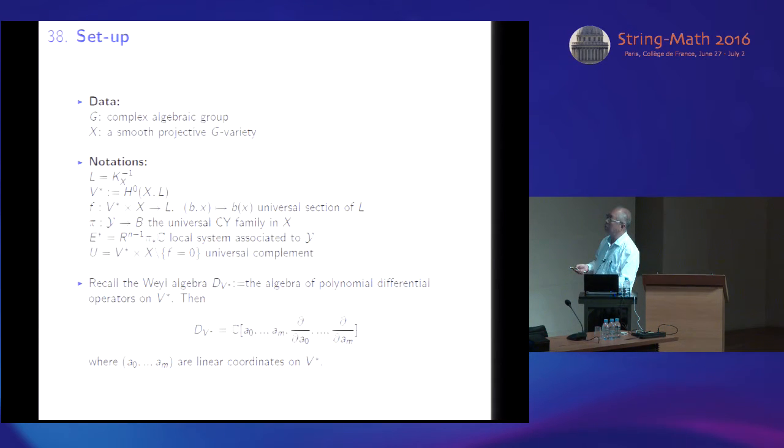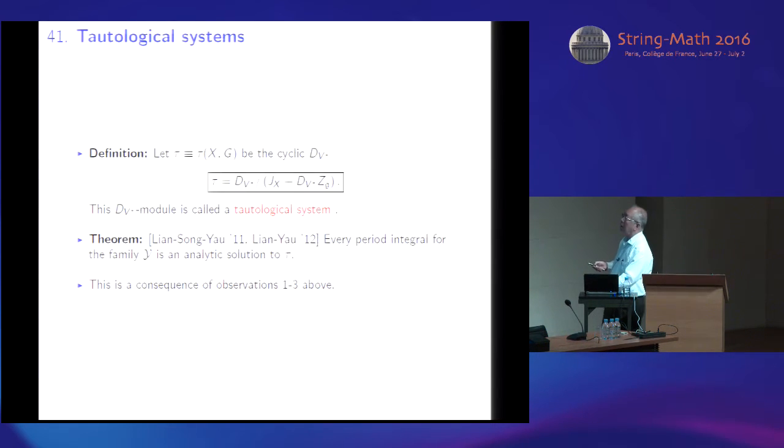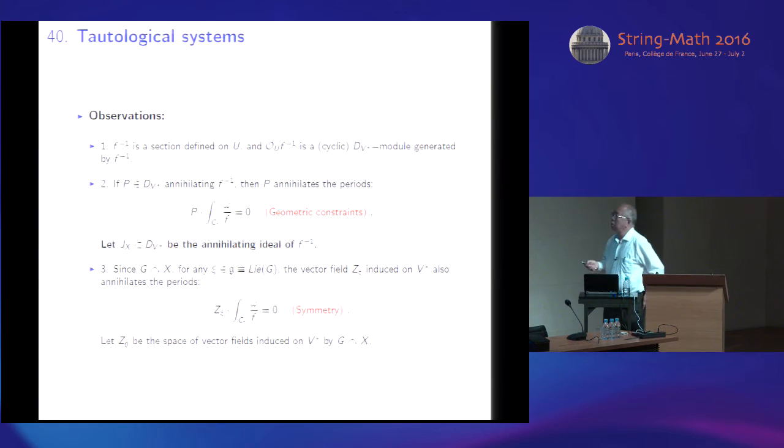U is V star cross X, subtract out F equals 0. F is defined on V star cross X as the universal section of the line bundle. So I take F inverse over here, which is well defined. So F inverse is defined on U. And O_U F inverse is a cyclic D_V star module generated by F inverse.